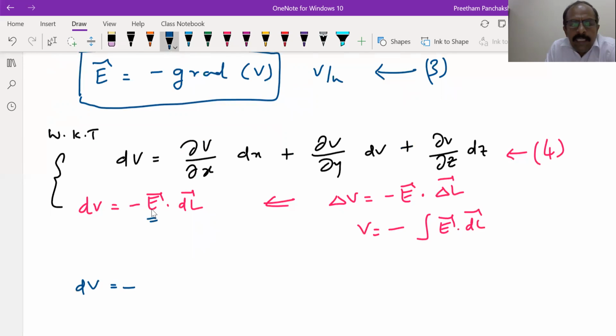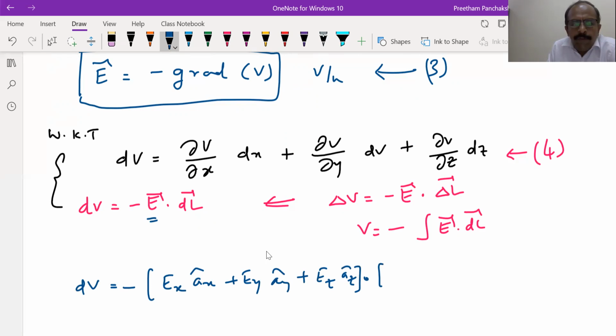Here, E is a vector, so it can be expressed in terms of its components, that is x, y, and z components in Cartesian coordinates. Similarly, the differential length dl can also be expressed as its components.